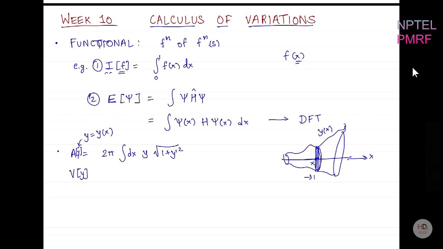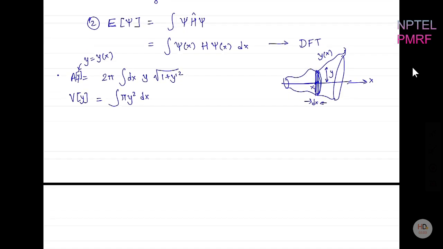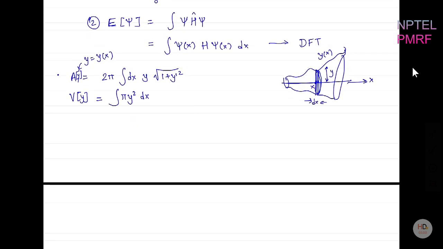The thickness of this disk is dx and the radius of the disk is y. So the area is pi times y square and the volume would be that times dx, and then integral. So this is another functional.